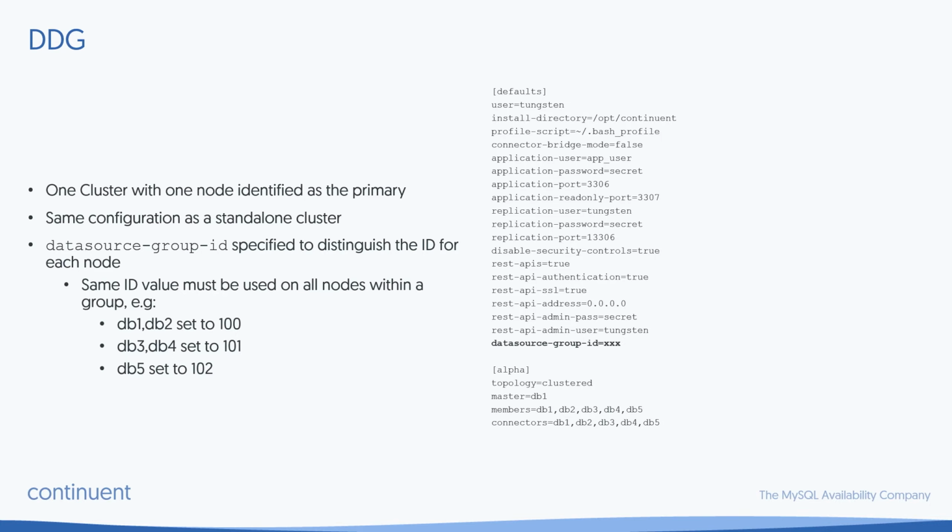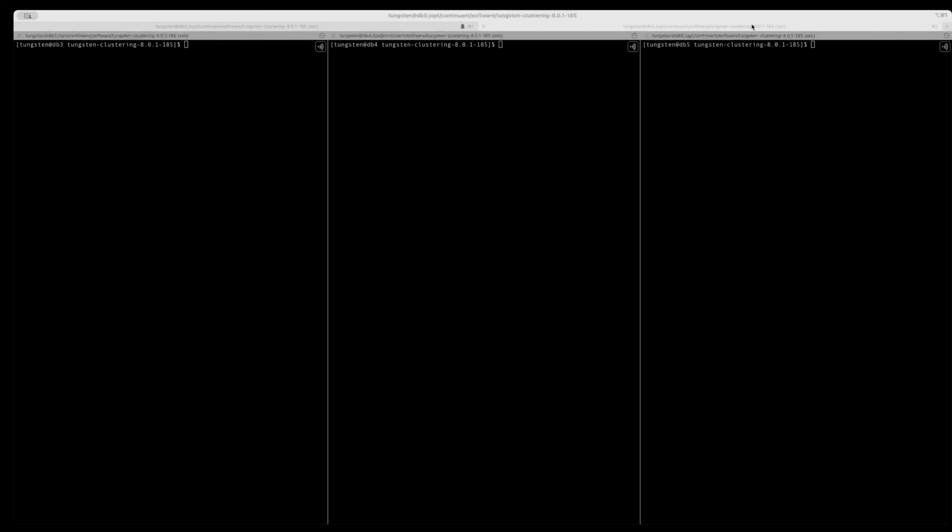So let's take a look at a demonstration of what this looks like in practice. On my screen here, I have database nodes 3, 4, 5 on this tab, and on here I have database nodes 1 and 2. So let's just look at the configuration. I'm setting this up as per the example I just showed on the slide deck. So nodes DB1 and DB2 are in their own data source group.